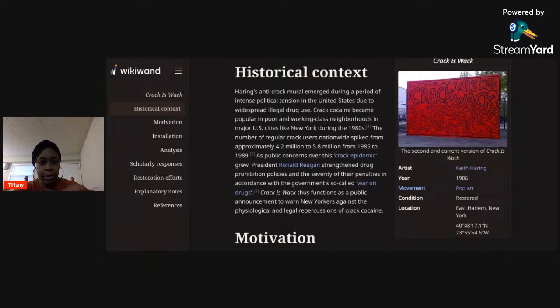The number of regular crack users nationwide spiked from approximately 4.2 million to 5.8 million from 1985 to 1989. As public concern over this crack epidemic grew, President Ronald Reagan strengthened drug prohibition policy and the severity of penalties in accordance with the government's so-called war on drugs. And they got this right in Wikipedia, the so-called war on drugs.